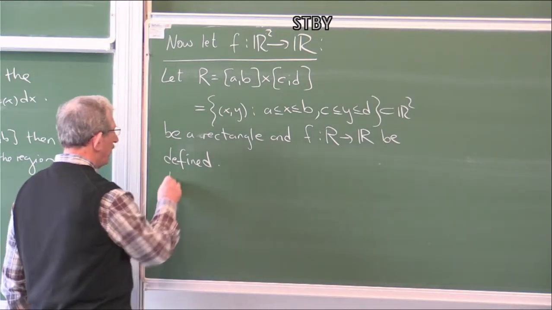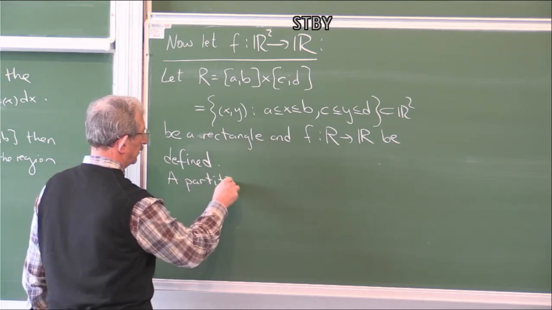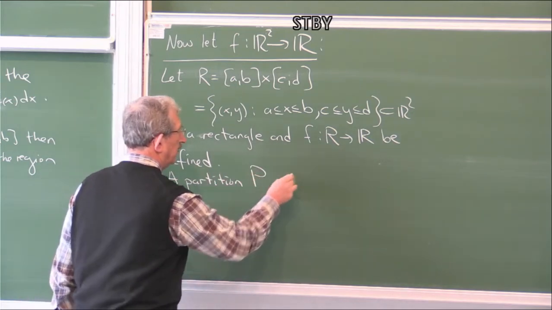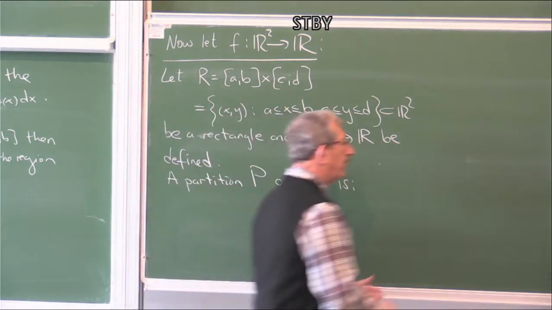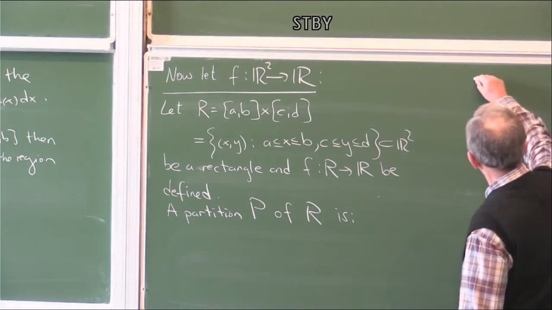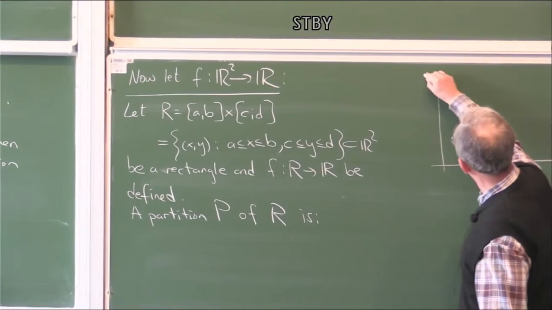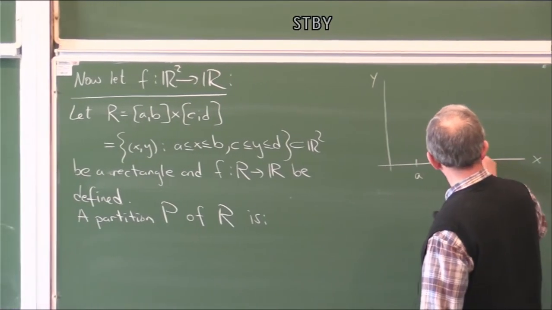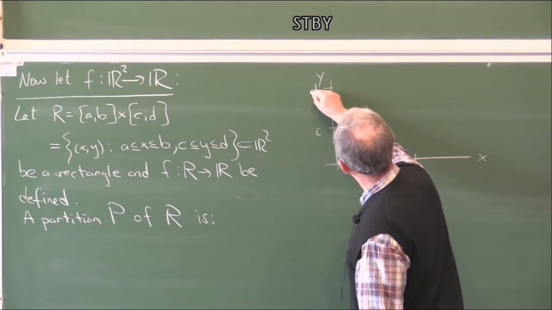So a partition P of R is the following. We have A and B here, we have C and D here.